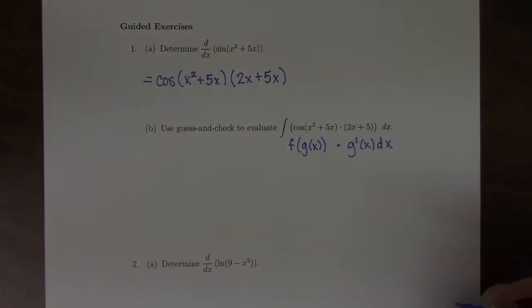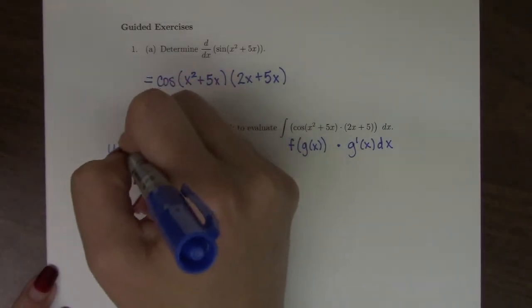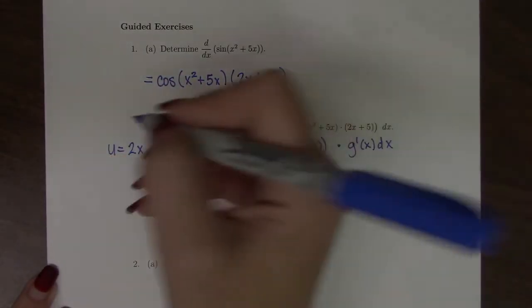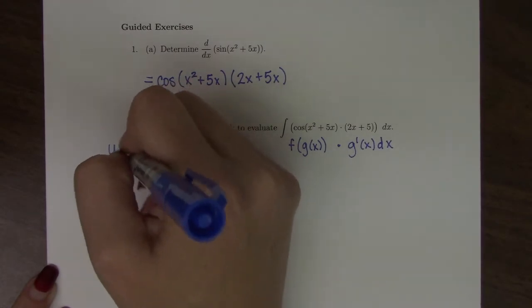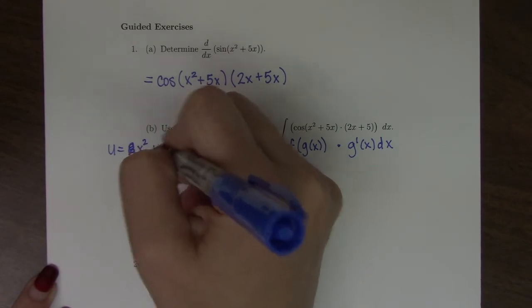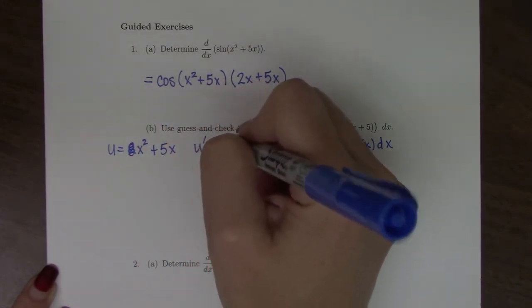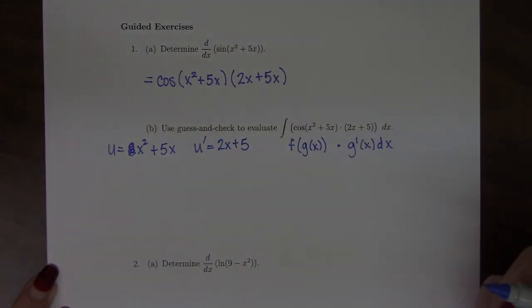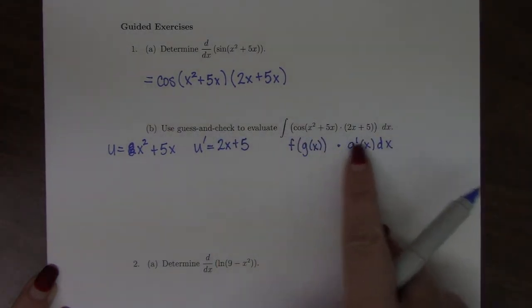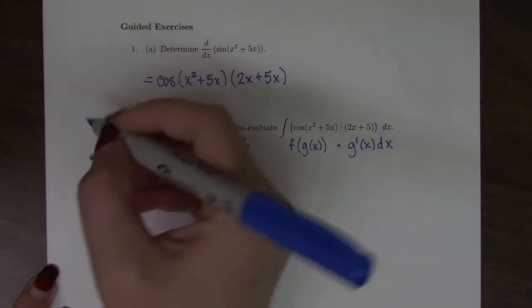So I can let g of x be our u. u is our x squared plus 5x, and u prime is 2x plus 5.